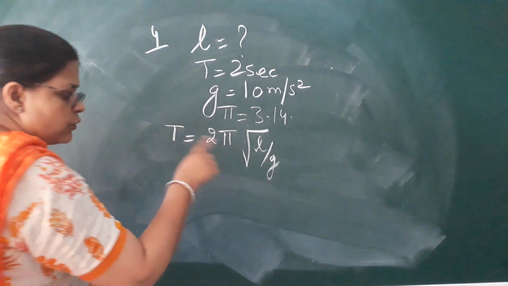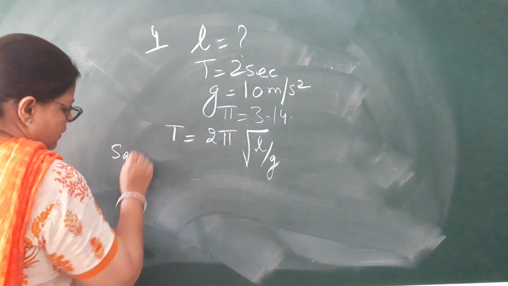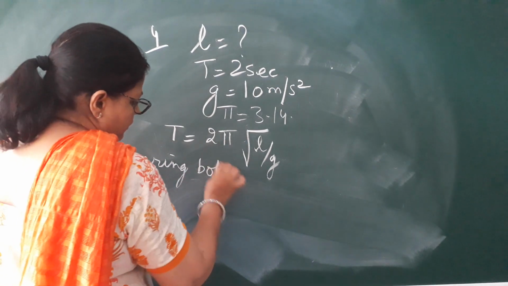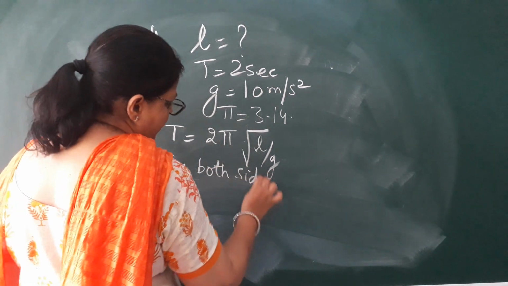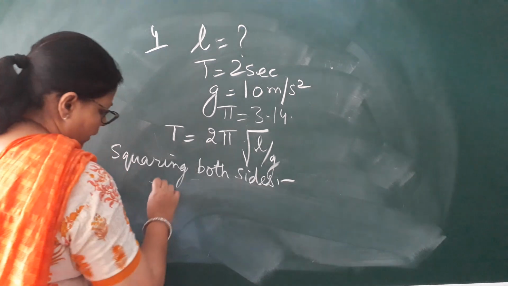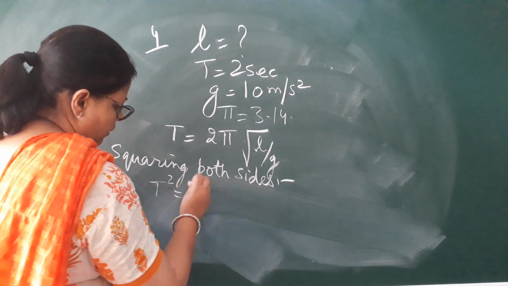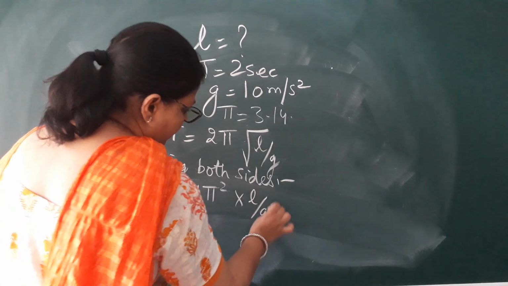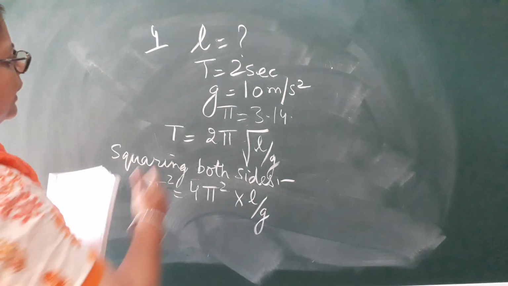Okay. Now we use the formula T is equal to 2 pi under root L over g. Now what we do, we square both the sides. Why do we square both sides? In order to get rid of the square root sign. So squaring both sides, we get T square is equal to 4 pi square into L over g. Okay children? Now we have all the values with us.